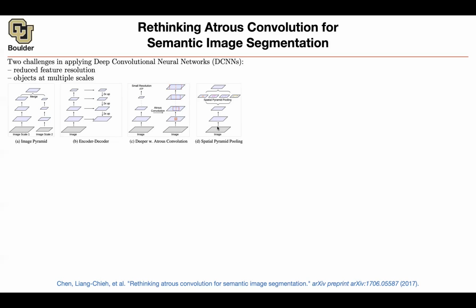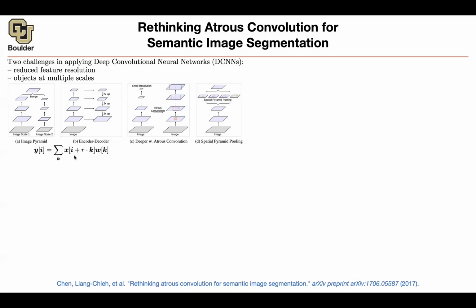Another solution, which is especially useful when you want to look at your images at multiple scales, is rather than having Atrous convolutions per each layer, put them next to each other. Rather than having them sequentially, have them in parallel, and then concatenate them in the end. And this is able to look at your image at multiple scales.